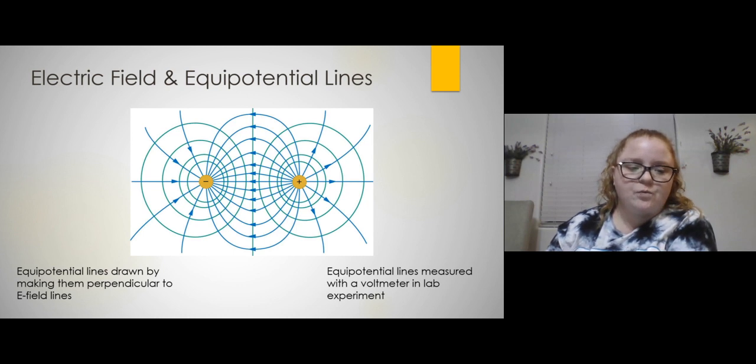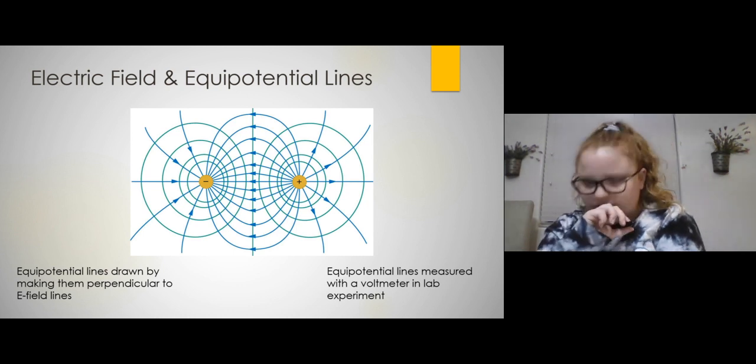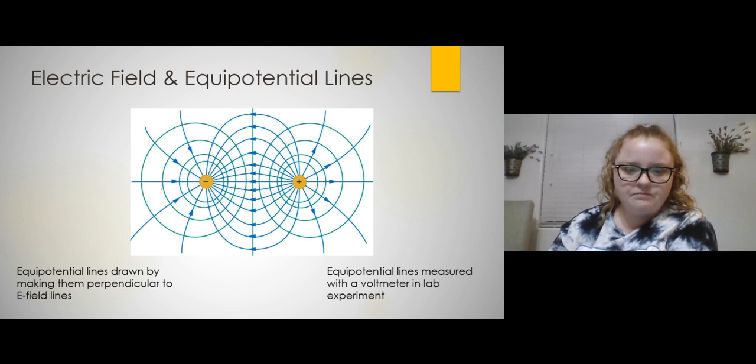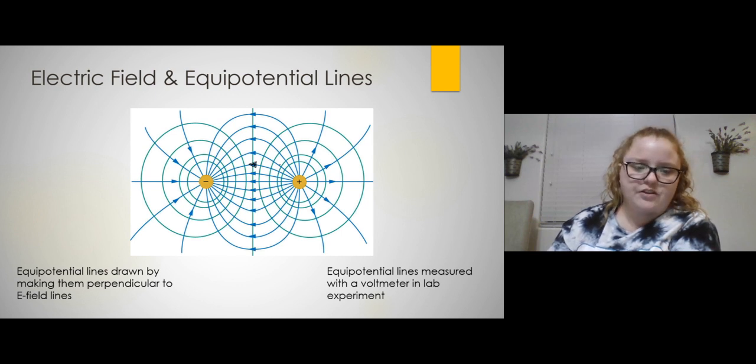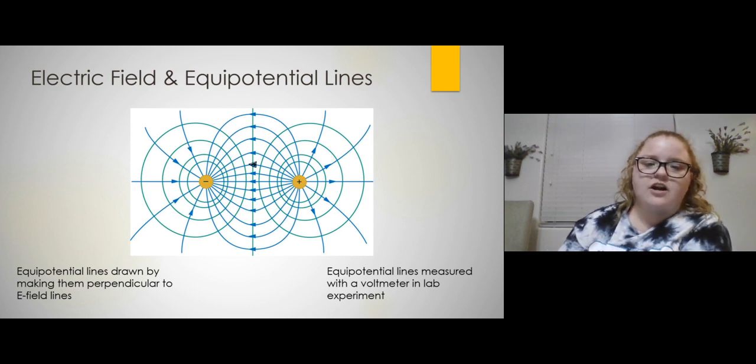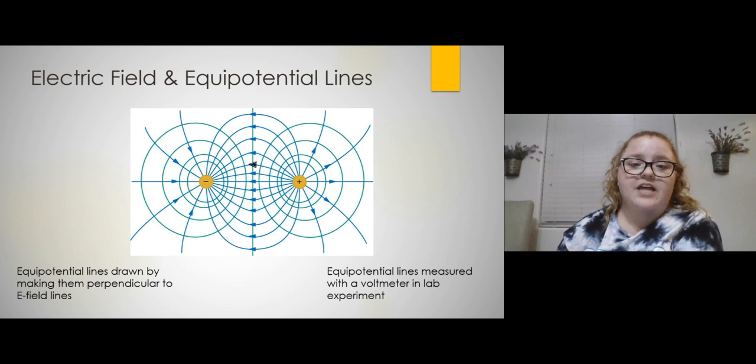We first draw our electric field lines. It goes from the positive to the negative, that's why we've got these arrows here. So we draw those. Then we can start drawing our equipotential lines based off that.